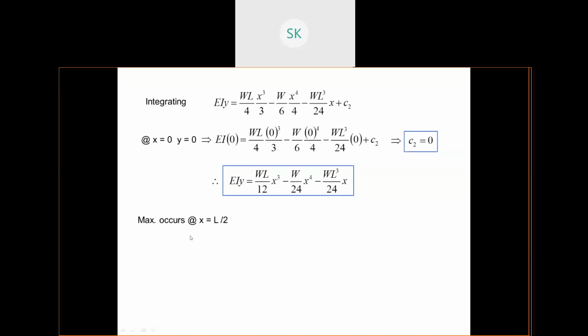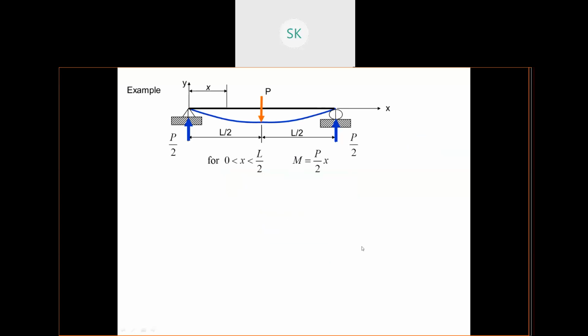We know the maximum deflection will occur at L by 2, so replace x with L by 2, that will be your maximum deflection: 5WL^4 by 384 EI. They have replaced the negative to show the magnitude, because this sign represents the direction of the bending.